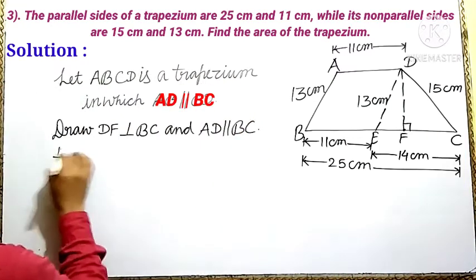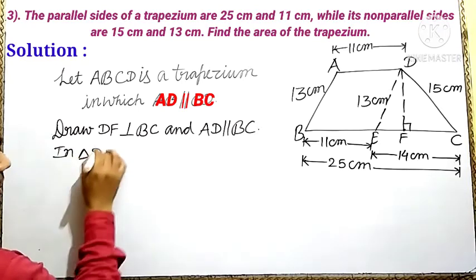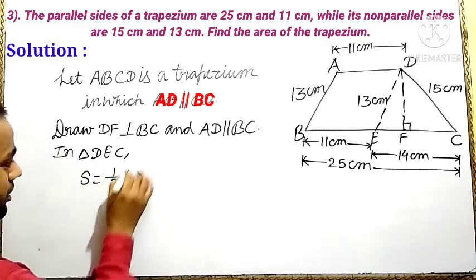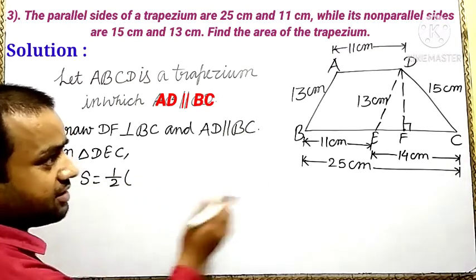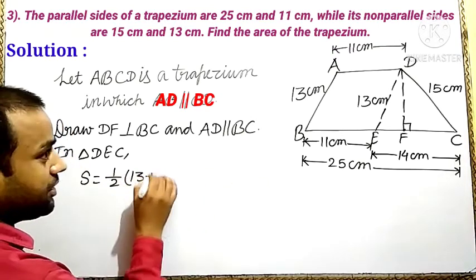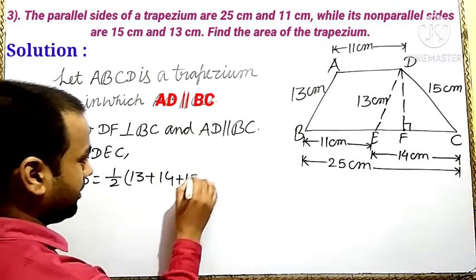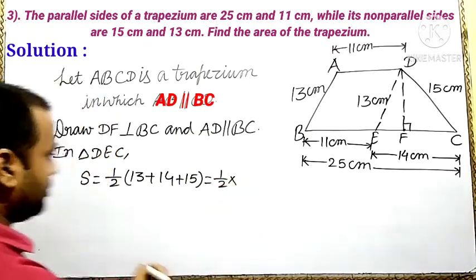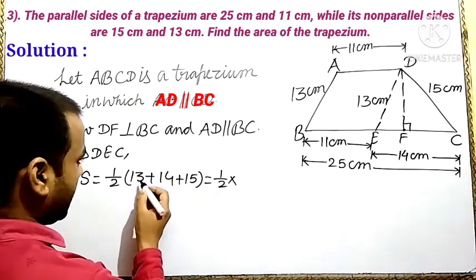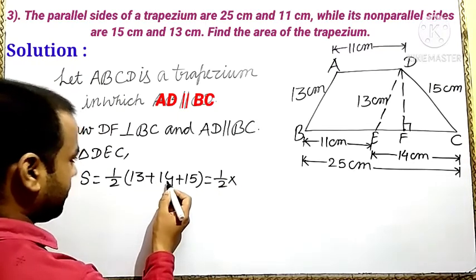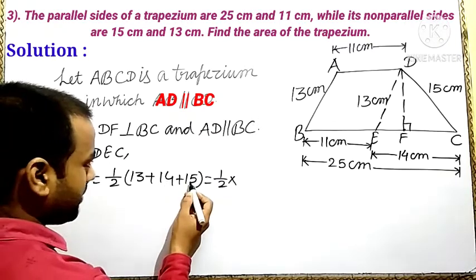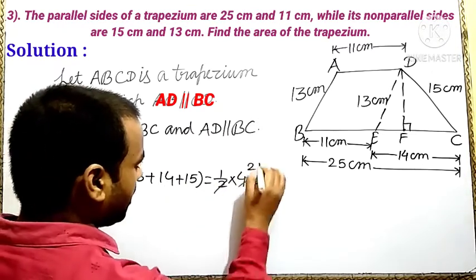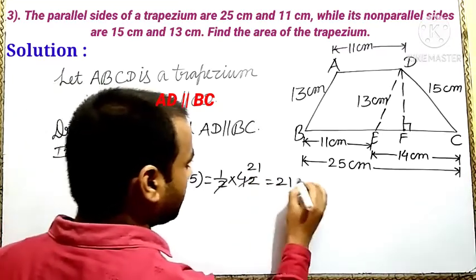In triangle DEC, S is equal to half into sum of sides. Here sides given 13 plus 14 plus 15, is equal to half into 13 plus 14 we get 27, 27 plus 15 we get 42, half of 42 is equal to 21 centimeter.